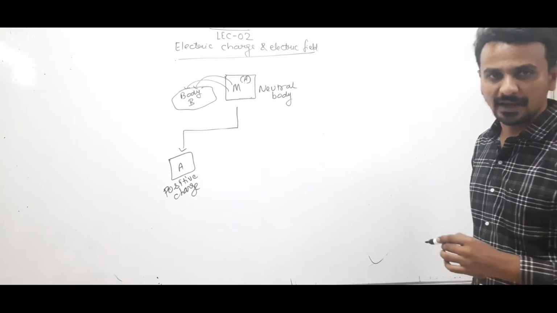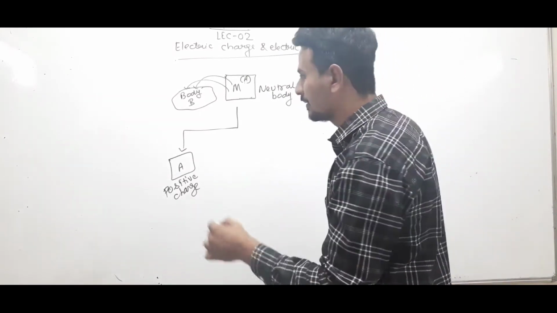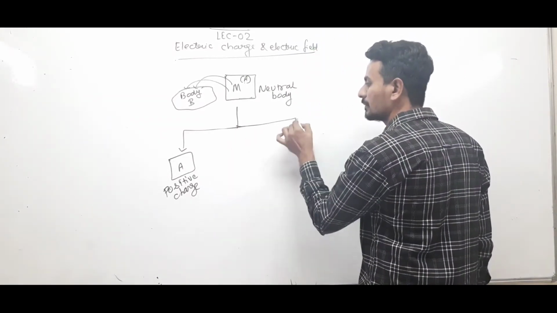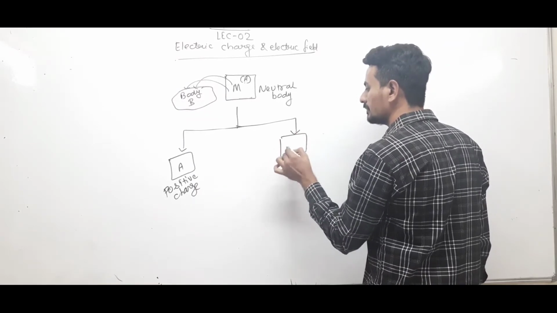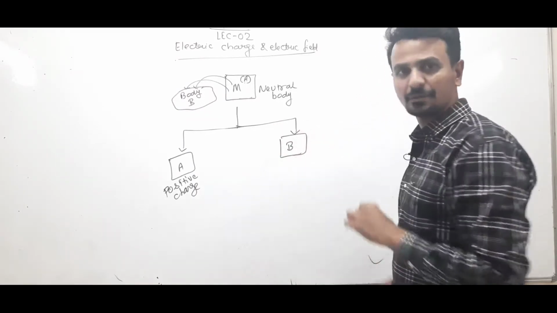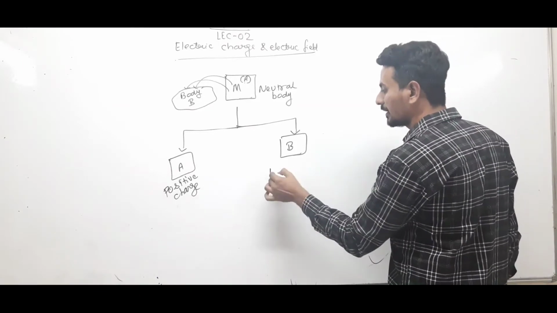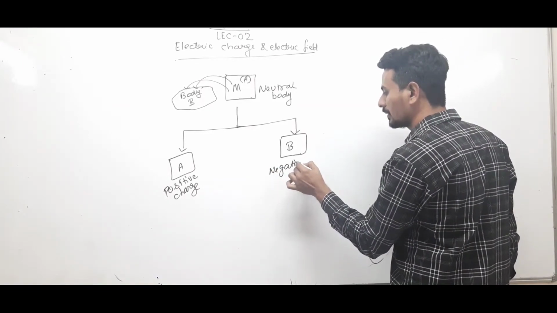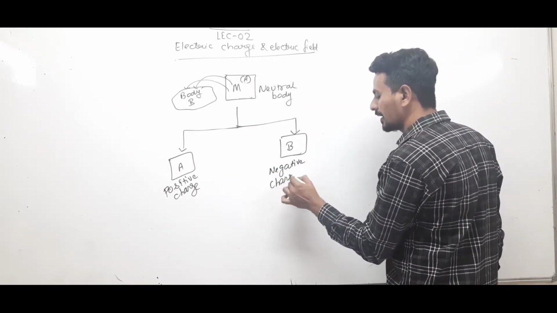So body B must have gained electrons, so it will be negatively charged. Are you getting the point?